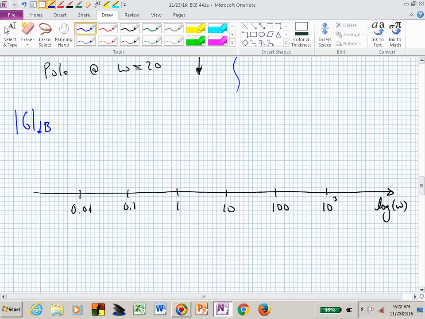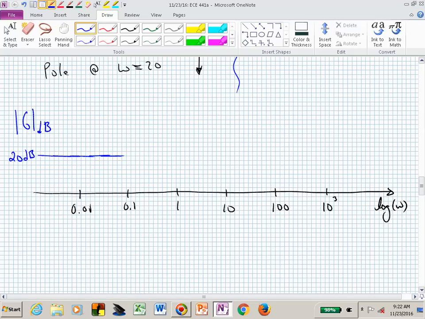But now that we have that, where are we going to start our magnitude at low frequencies? Where did we say our DC gain was? 10 in absolute, but in dB, 20 log of 10 is 20. So now we can start making, let's say this is now 20 dB. There's our magnitude.